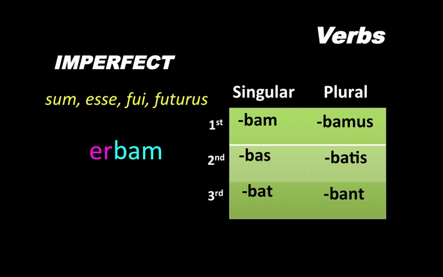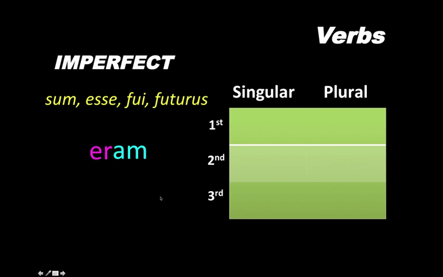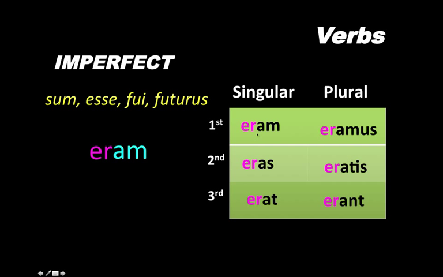And what happened was, if we drop that B off, blend them together, we now have our past form of to be. And this here would mean I was. So if we take a look at our change, we have I was, you were, he, she, or it was, we were, you all were, and they were. So it's still the same ending, just we've gotten rid of the B between the stem and the ending.